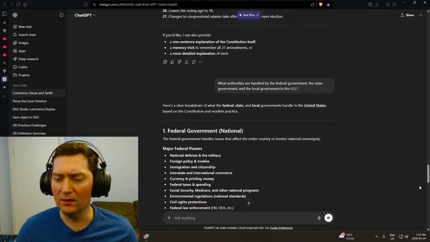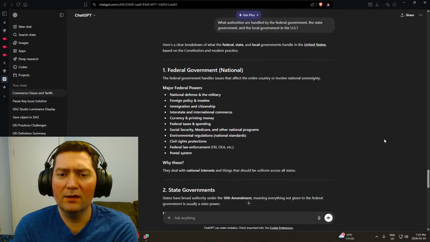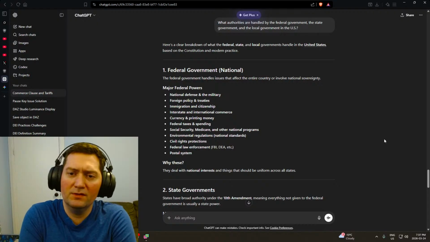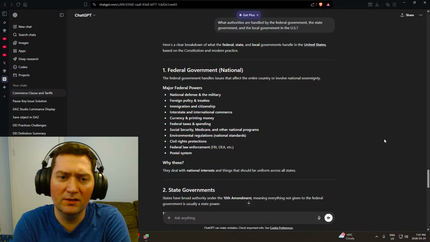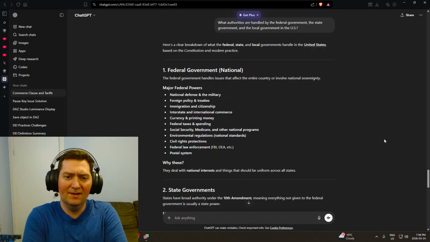Let's see how the powers break down. Here's a clear breakdown of what the federal, state, and local governments handle in the United States, based on the Constitution and modern practices.